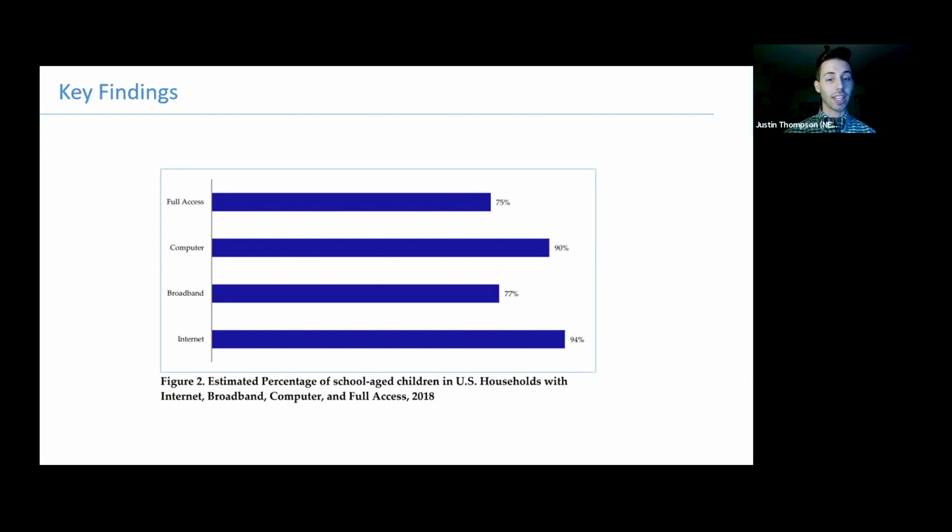And you may be looking at the internet number and saying, oh, 94% of school-age children have access to internet. But the FCC defines broadband internet as a minimum of 25 megabits per second download speed and 3 megabits per second upload speed. So if it's slower than that, then it's just classified as internet and not broadband.